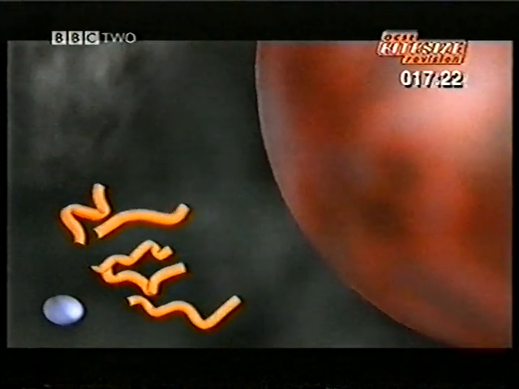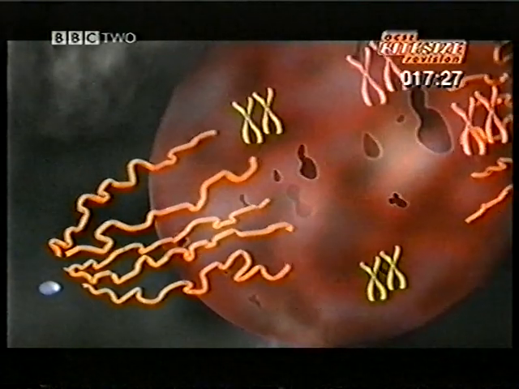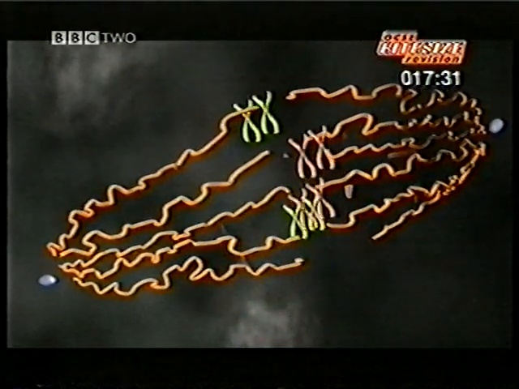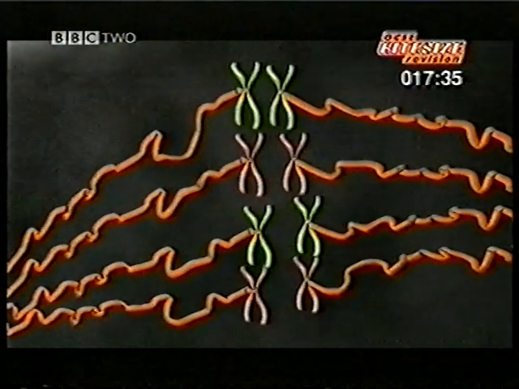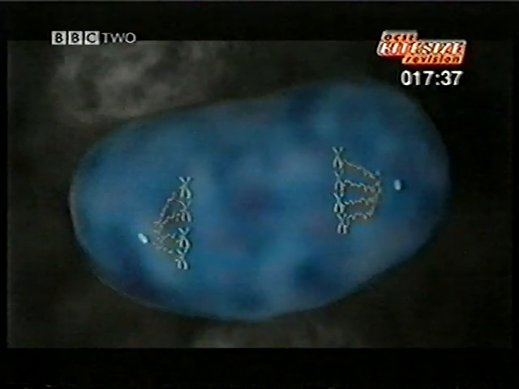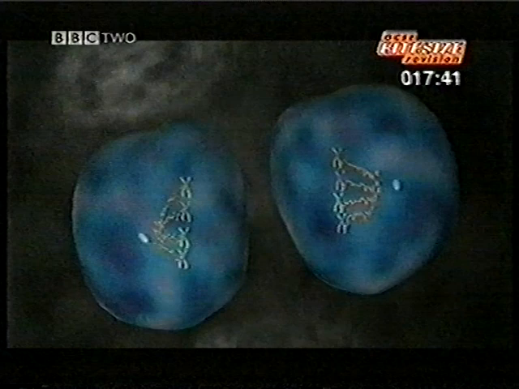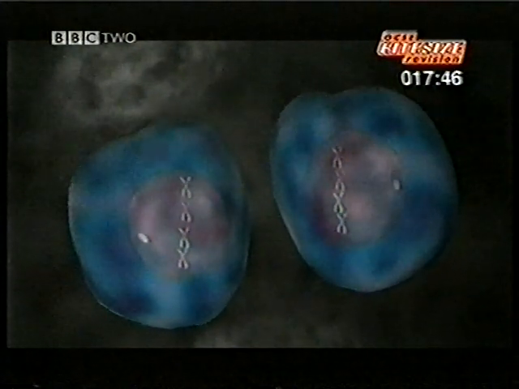Then, rather like mitosis, protein fibers reach in from the ends of the cell as the membrane round the nucleus breaks down. The fibers pull the chromatid pairs apart, and new membranes form around the two cells this creates. These two new cells each contain only half the genetic recipe for a whole person.